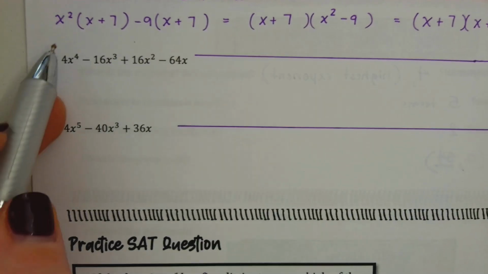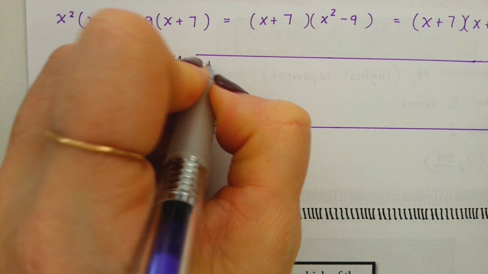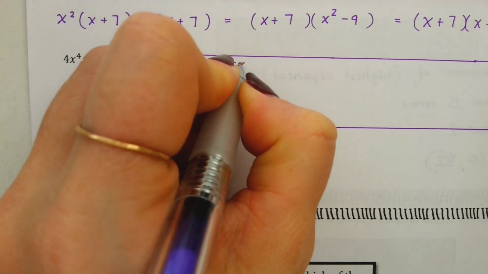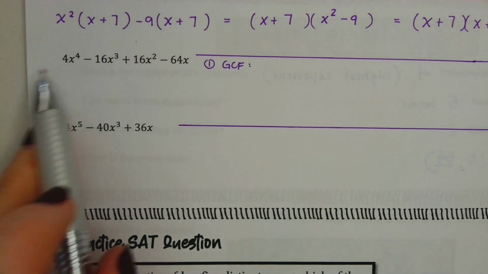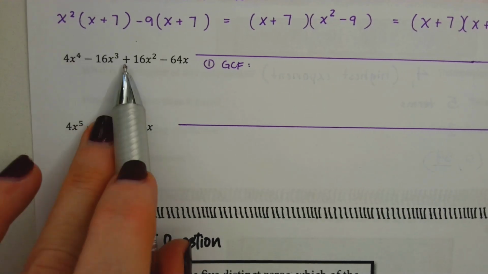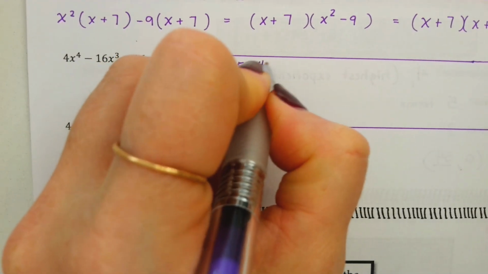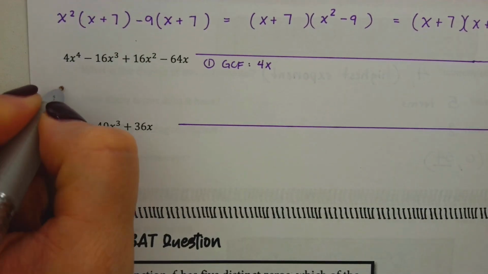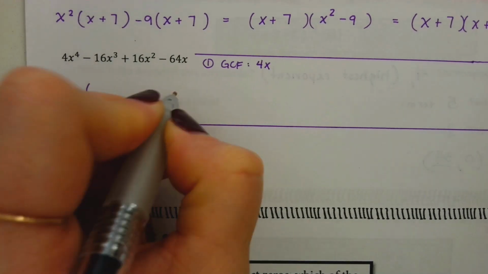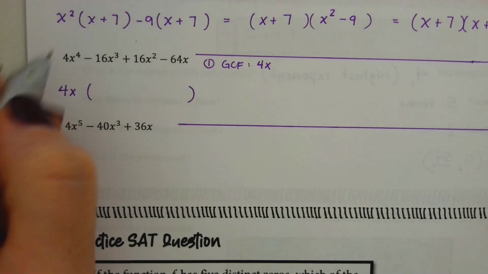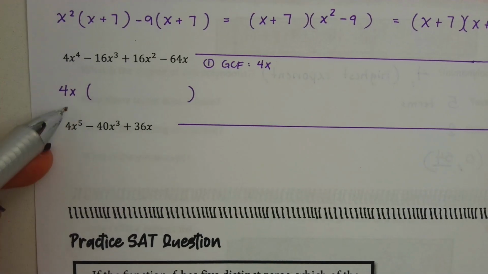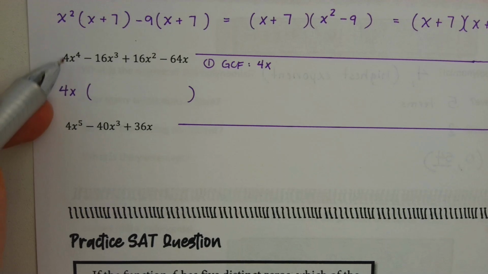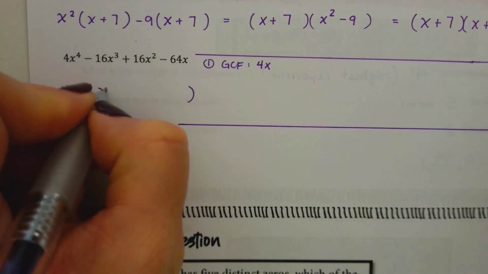All right. Big GCF from the start? Yes, this one does have one. Definitely a 4. What else? X. Very good. So I'm going to start by taking 4x out of all of these and writing what's left over. 4x to the 4th power divided by 4x would be x cubed.